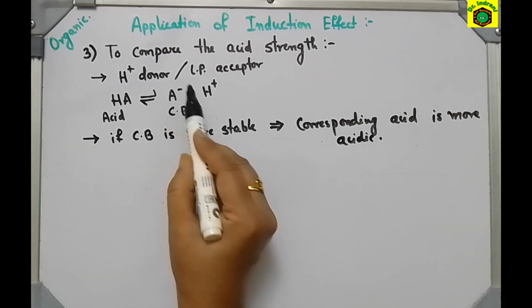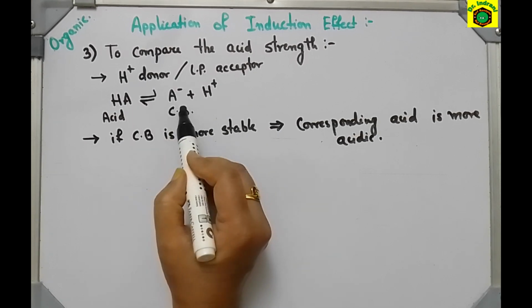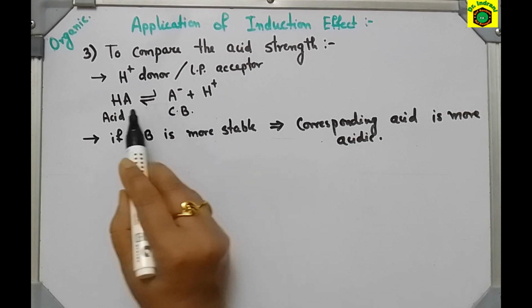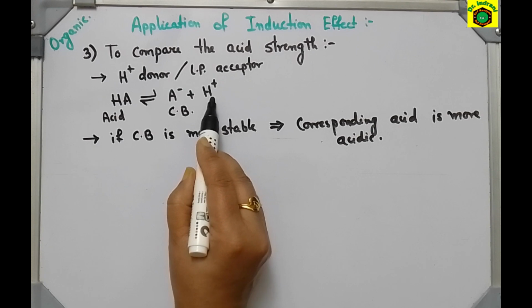Because if this conjugate base is stable, it will remain in this form. That means the right hand side reaction will take place. So dissociation of the acid will take place. It will liberate H plus, meaning it is more acidic.